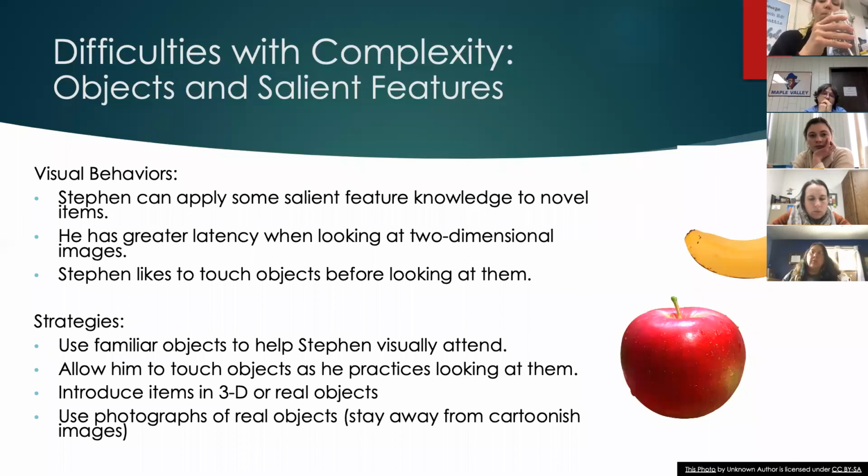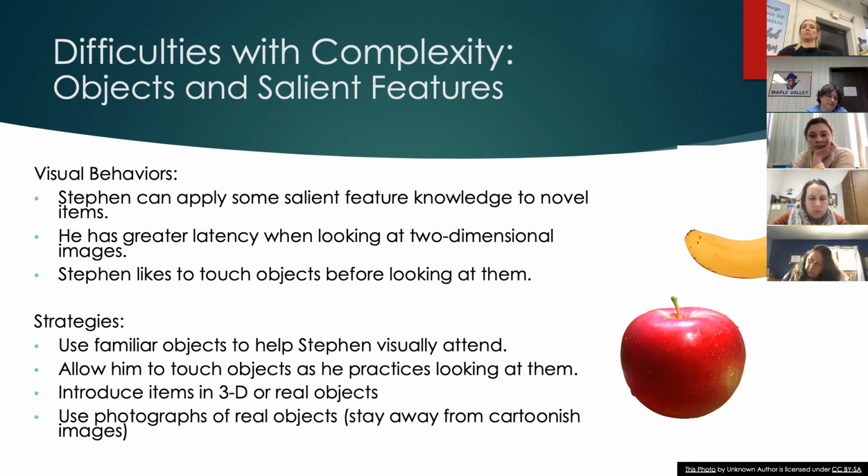So now we're going to talk about difficulties with complexity. And remember, we talked about before, we've had a 2-week break here, but complexity is really the big issue, the main issue with CVI. If a kid has CVI, they could have all these other characteristics, but we're almost always going to see difficulties with complexity.